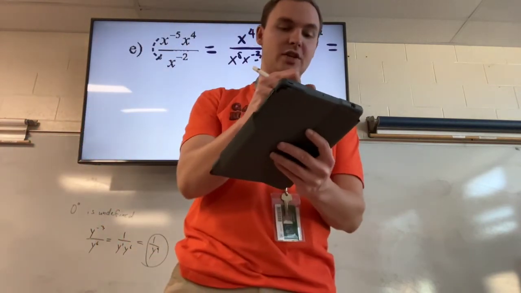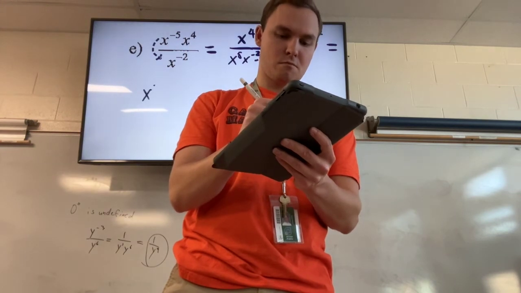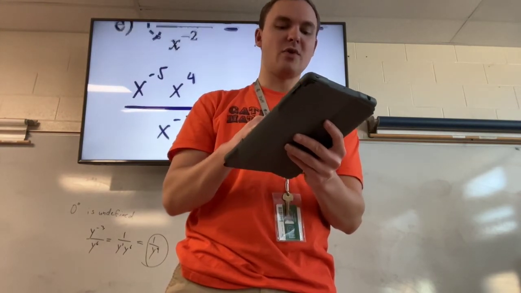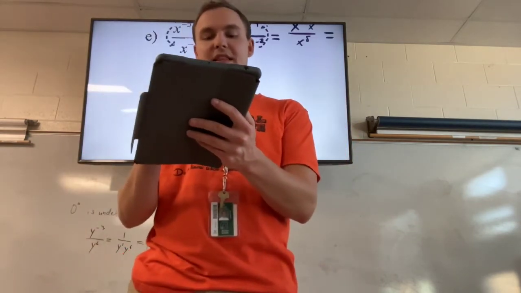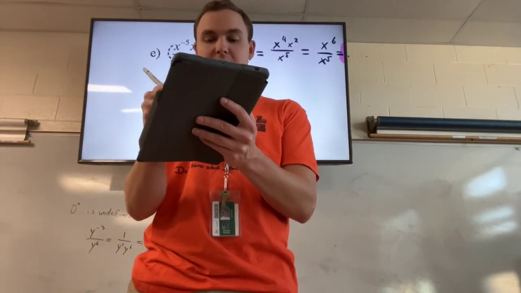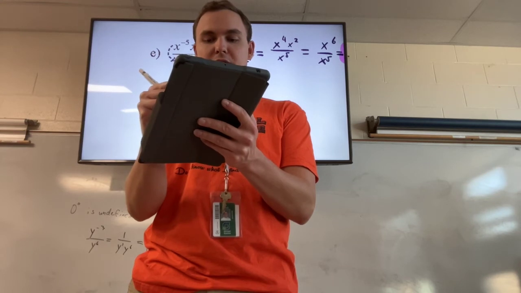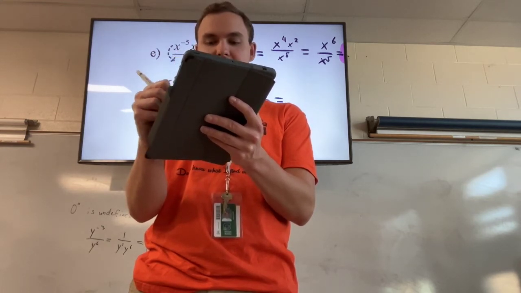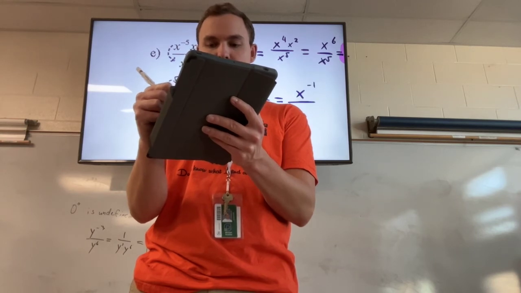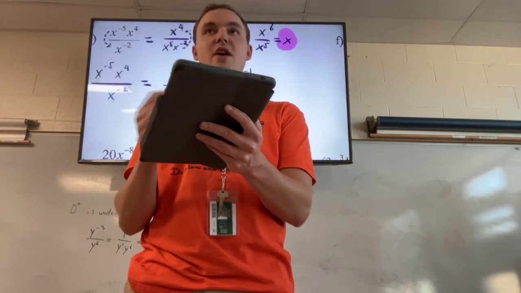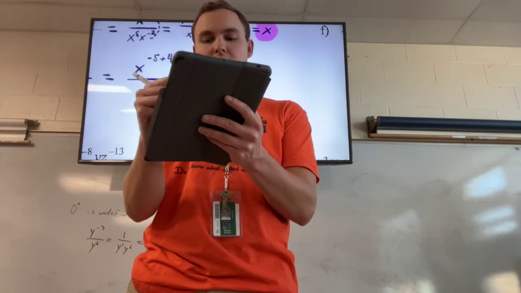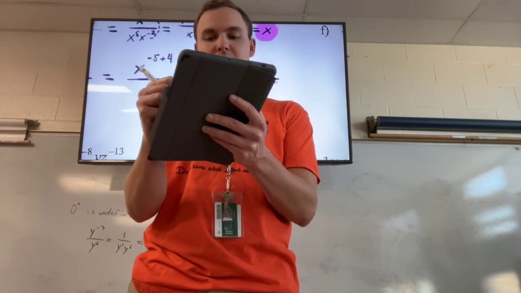Another way you could think to do this, let's start from the beginning. Another way is you can just add the negative 5 to the 4 right at the beginning. So that becomes x to the negative 5 plus 4 over x to the negative 2, which equals x to the negative 1 over x to the negative 2. That's another way of doing it. And then we just have to flip both of those, right? That becomes x squared over x to the 1, which becomes x.